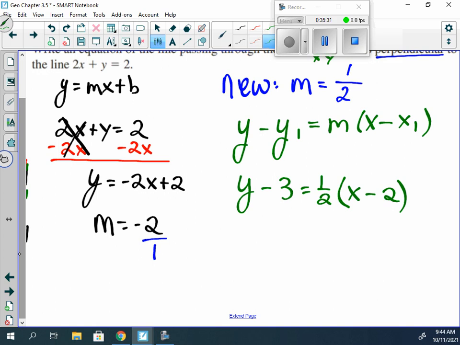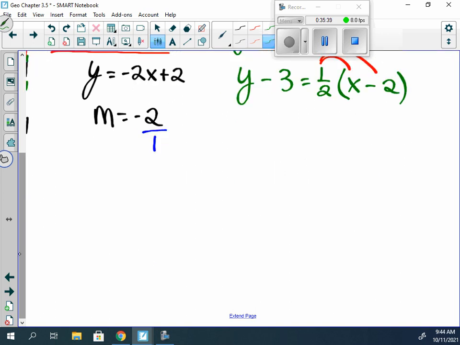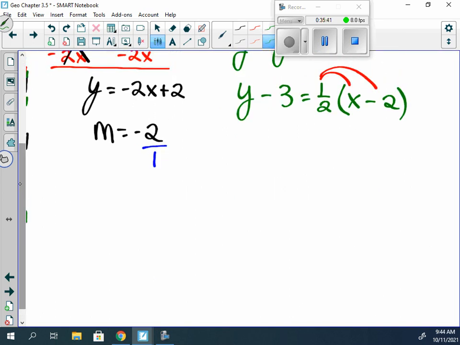Now we can go on and distribute first because there's no negatives to take care of. So we'll be multiplying through by the 1/2. So we'll have y minus 3 equals, well, 1/2 times x is 1/2 x minus 1/2 times -2 is going to be negative 1, because 1/2 times 2 would be 1.